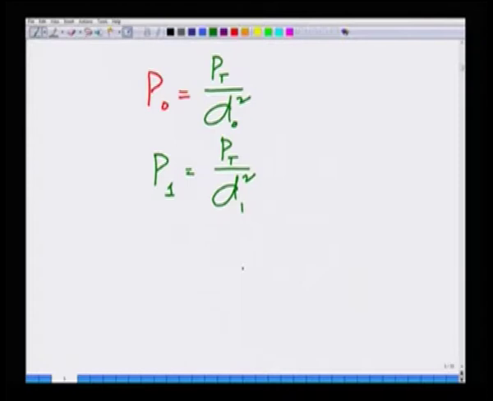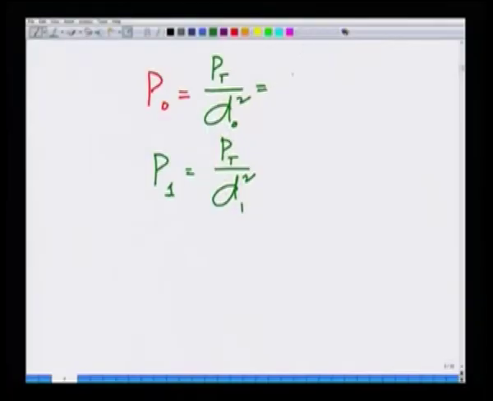However, d0 is square root of N times d1, hence P0 is nothing but Pt divided by N times d1 square, since d0 is square root N times d1.